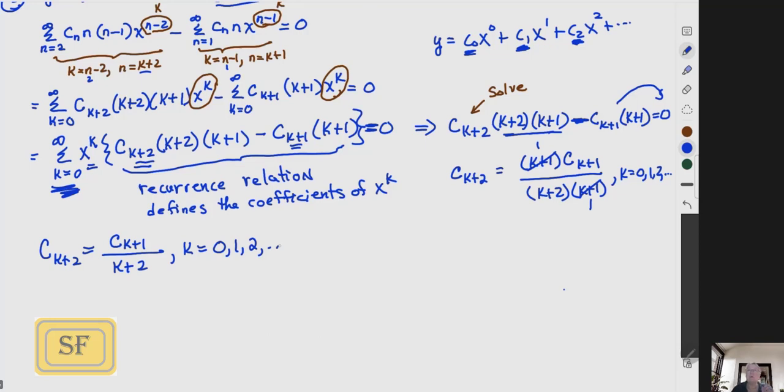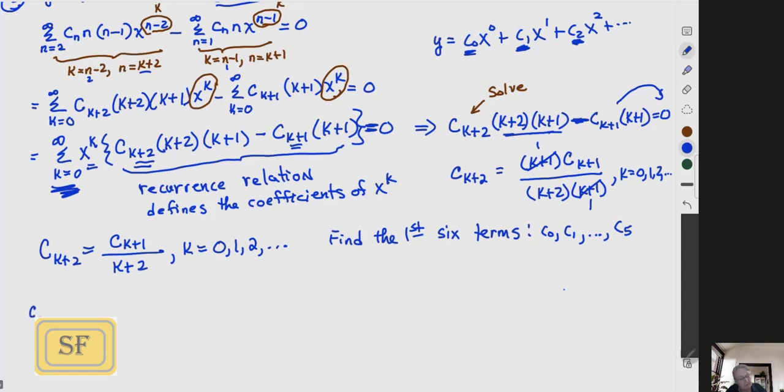And we're going to use this recurrence relation to find the coefficients of, let's say, the first 6 terms. So that would be C0, C1, all the way to C5. So we'll calculate up to C5 and see what our solutions look like.